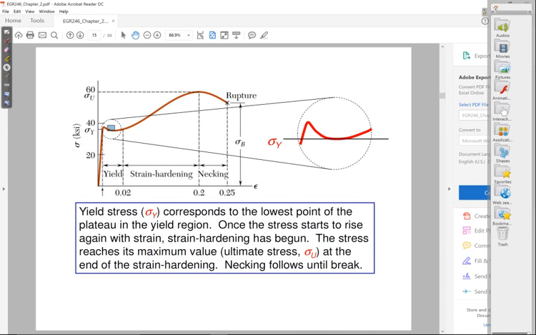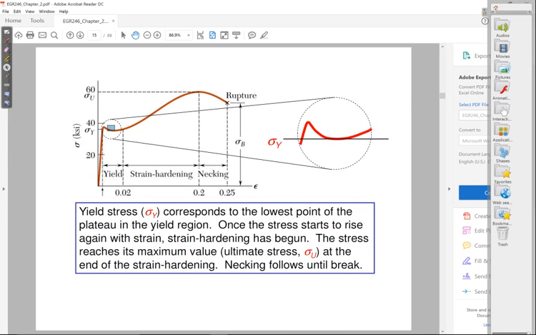If you think in terms of stress versus strain, within that yield region you can see that the slopes are very small. You almost have a horizontal line there. What that means is you had kept increasing the stress to get very little strain, very little deformation, all through the linear portion.